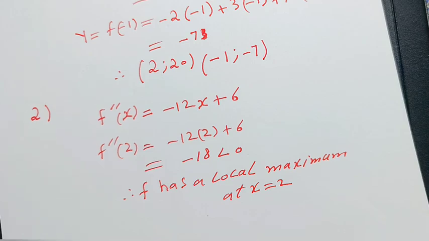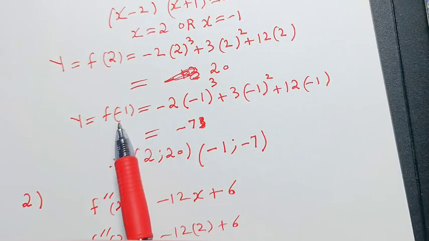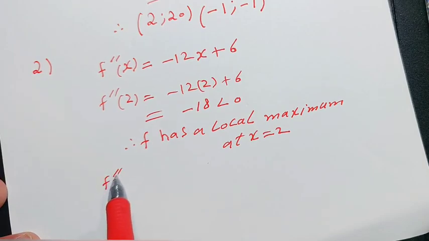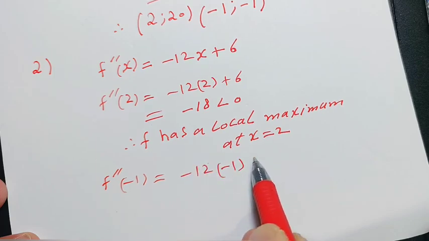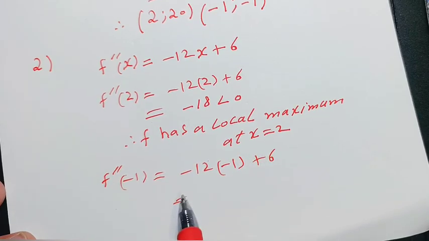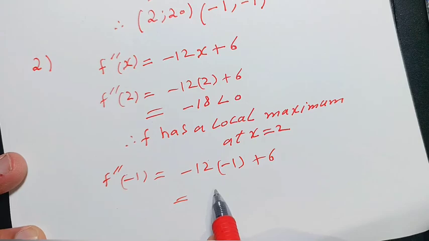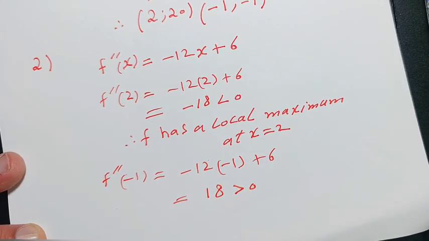Now we're going to put x equal to -1 into the second derivative. f''(-1) is equal to -12(-1) plus 6. We simplify with the calculator. The answer is positive 18, which is greater than 0, which means positive.